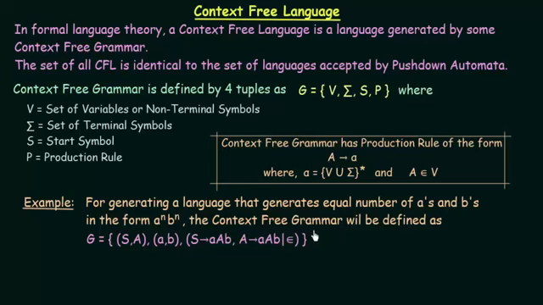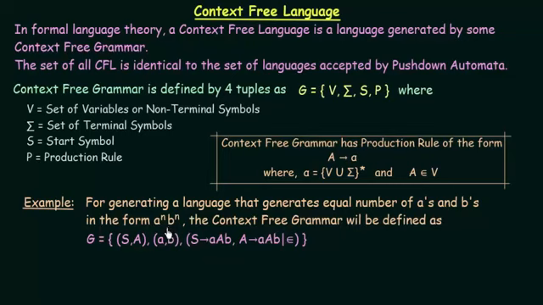If you remember, we have taken this example a few times when we discussed regular languages, and we already saw that this language, where the number of a's should be exactly equal to the number of b's, is not a regular language.